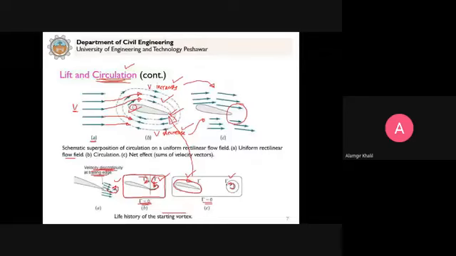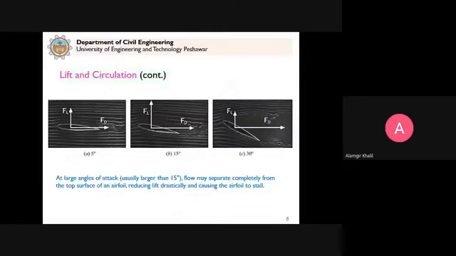This is what you can see in this diagram. Let's say the angle of attack is 5 degrees. This is the chord that we denote here, and with the horizontal axis it makes this angle alpha, which is the angle of attack. It is 5 degrees.